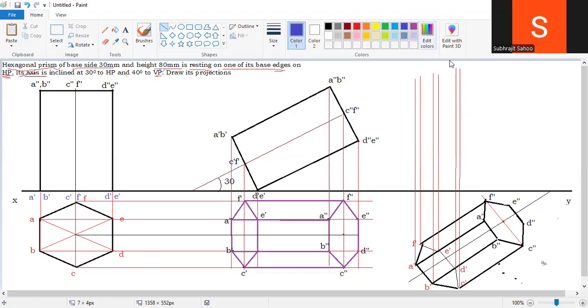Next, from F dash line, from A dash line, from E dash line, from B dash, from D dash, from C dash, right?